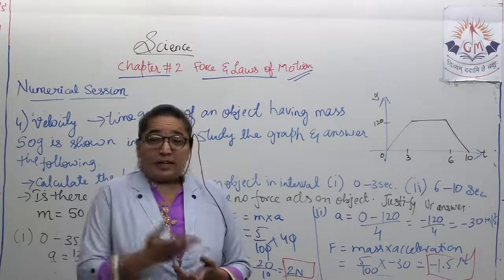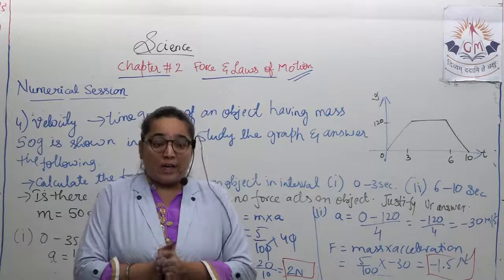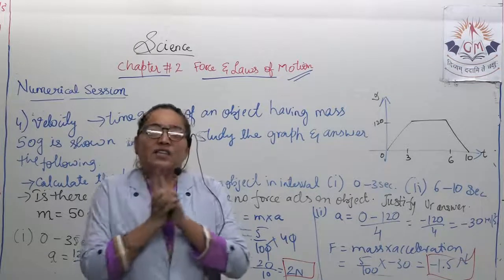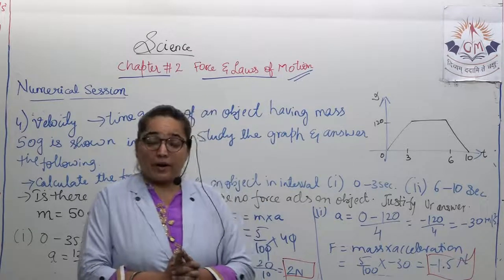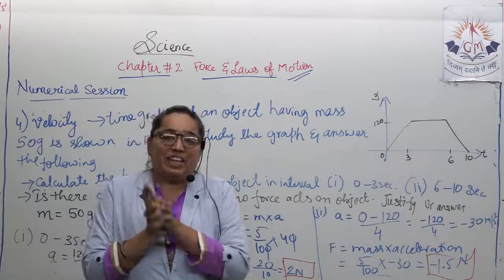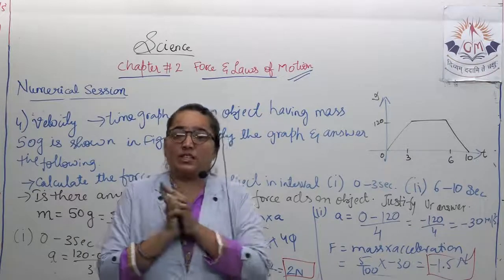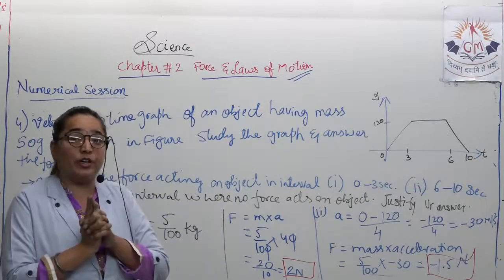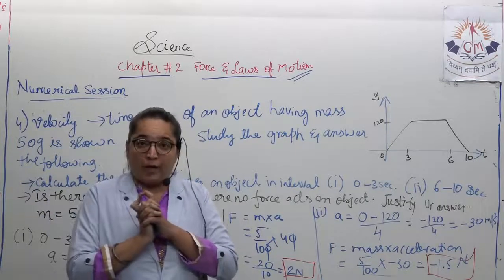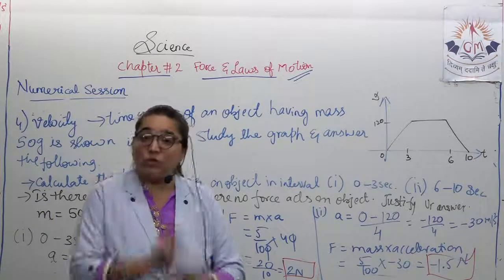Now when can you say that the acceleration is 0? When the initial as well as final velocities are the same. If the initial and final velocity are the same, then acceleration, which is the change in velocity per unit time, will be 0 because you have the same values.